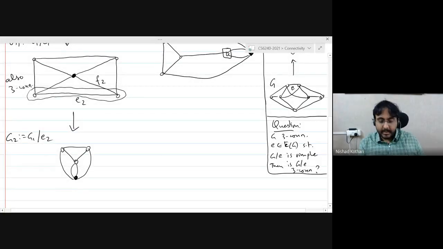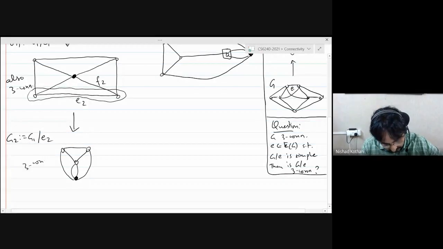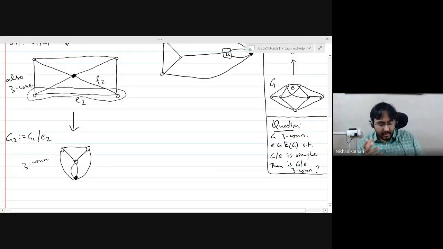Okay, so this is K4 with a multiple edge, and in particular that is three connected. In K4, between any two vertices, there are three internally disjoint paths. Okay, so this is three connected. And K4 is the smallest three connected graph. So if you remove one edge from here, then you will get the smallest three connected graph.